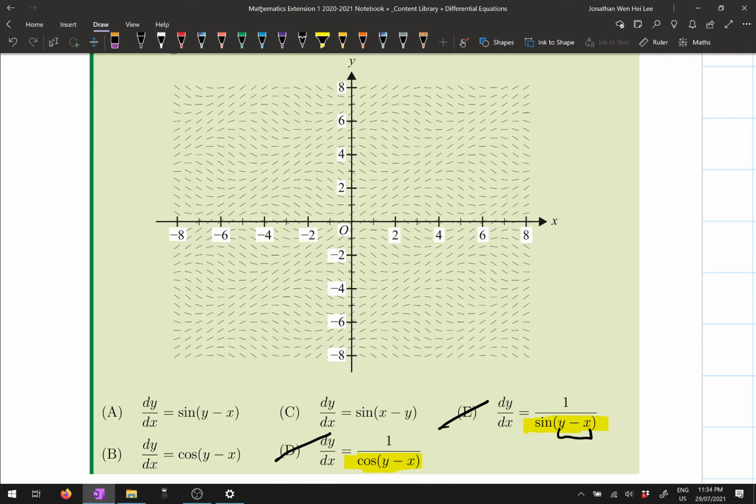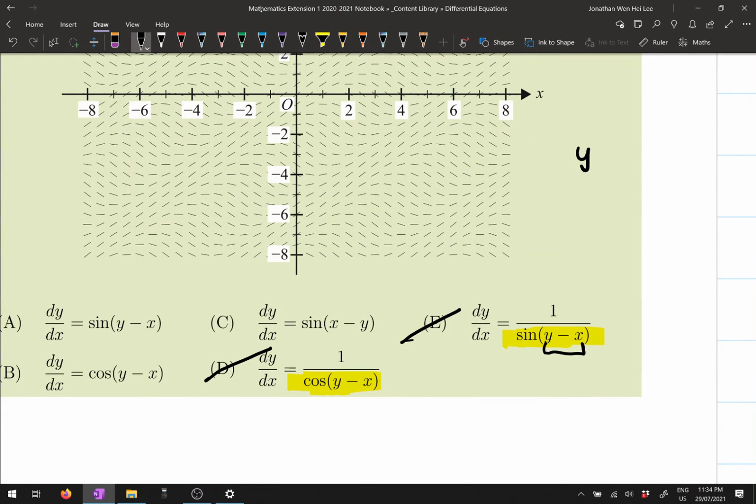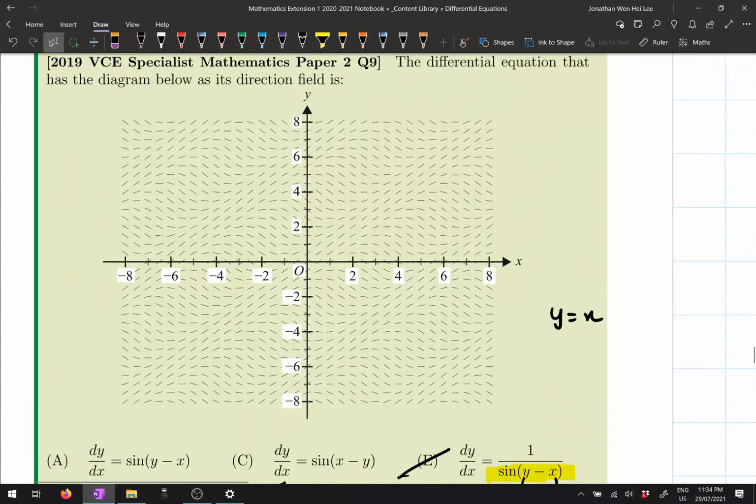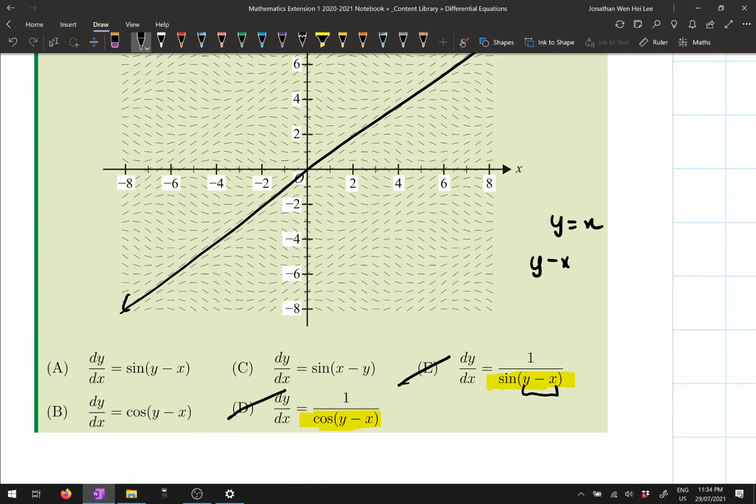Now notice in both of them I've got y minus x or x minus y, so what this means is, if I look at the line y equals x, which is this line over here, that means that y minus x is equal to 0.